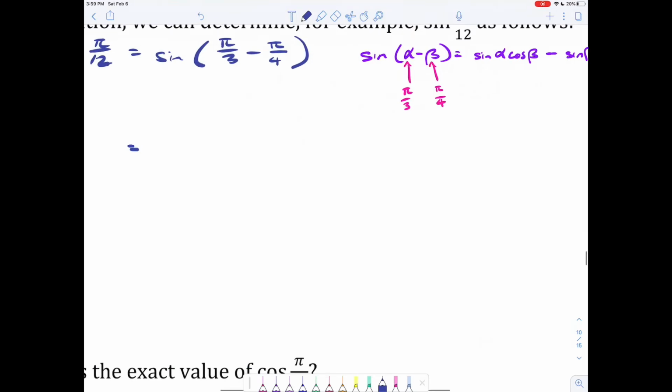So we rewrite it. Sine of pi over 3 minus pi over 4 is equal to sine of pi over 3 times cosine of pi over 4 minus sine of pi over 4 times cosine of pi over 3.